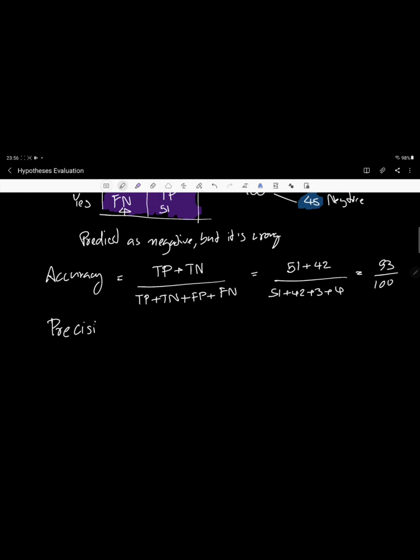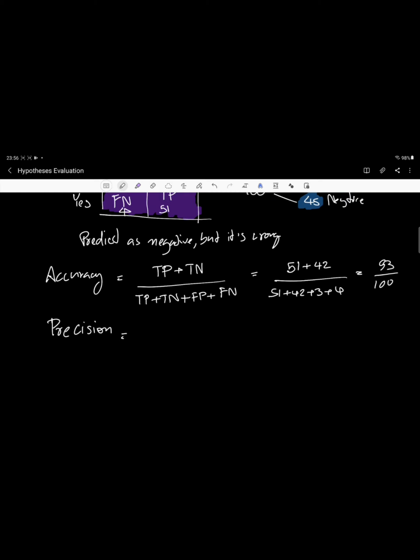In different domains, some domains focus on the precision just for the positive class, but in many domains, it's not yes, no, or positive and negative.